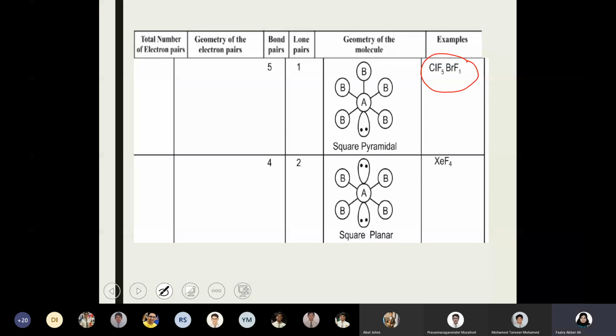And let me know if you're able to solve. You can take any example, either ClF5 or BrF5.